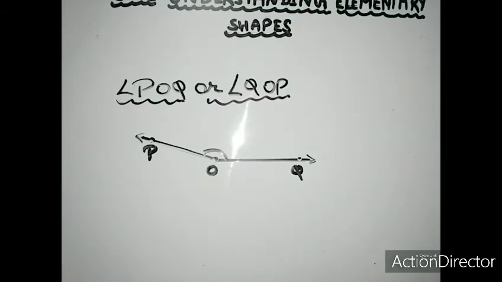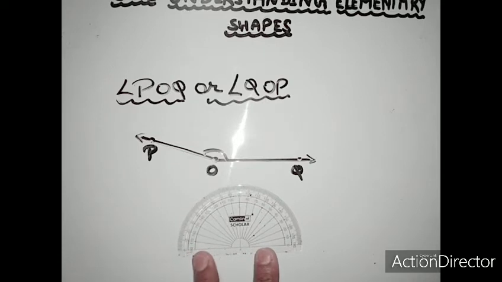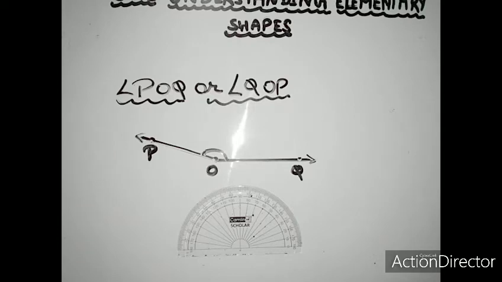Now students, here you observe these two things, this figure and this protractor, and assume what is the degree of an angle, right? Okay students, so here first estimate with your eyes, and then we find the degree of an angle by using this protractor, right?